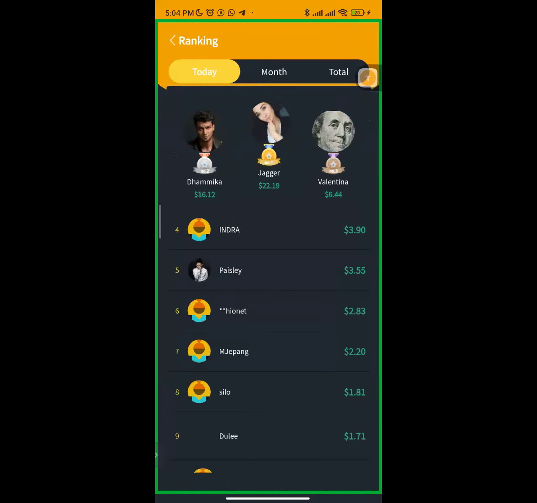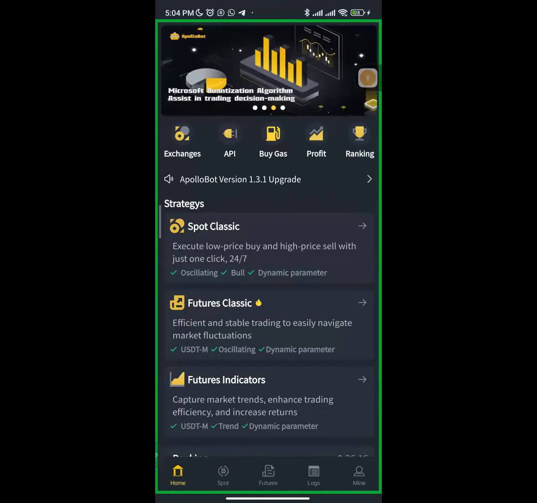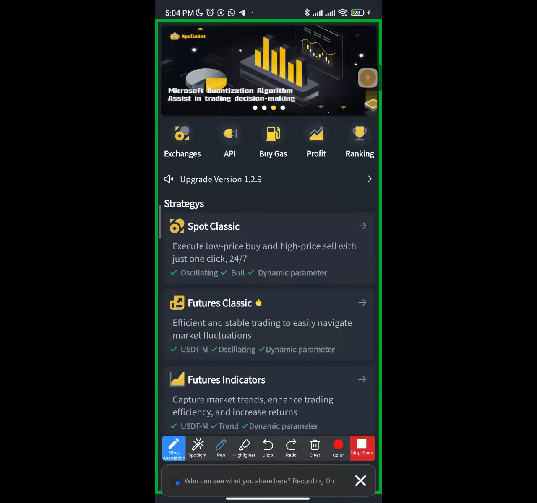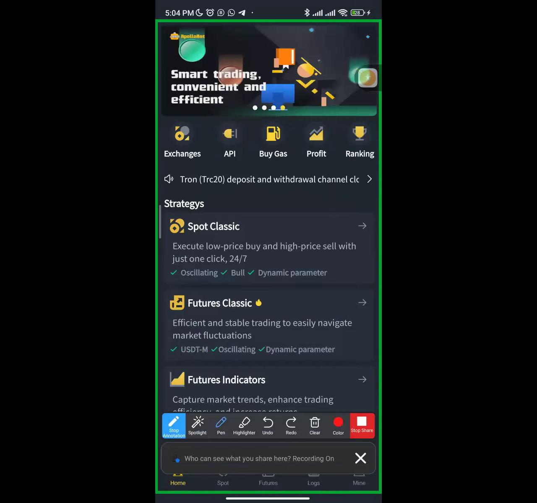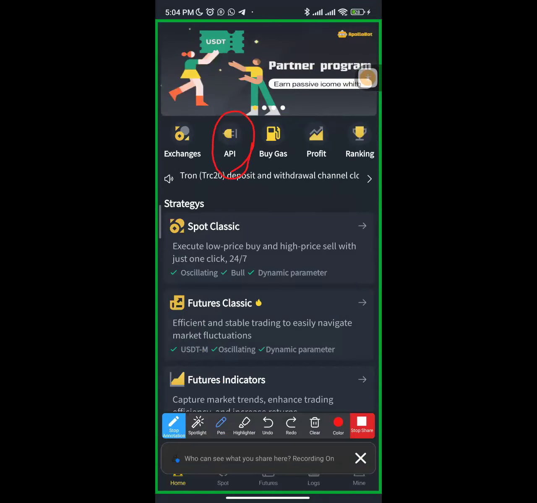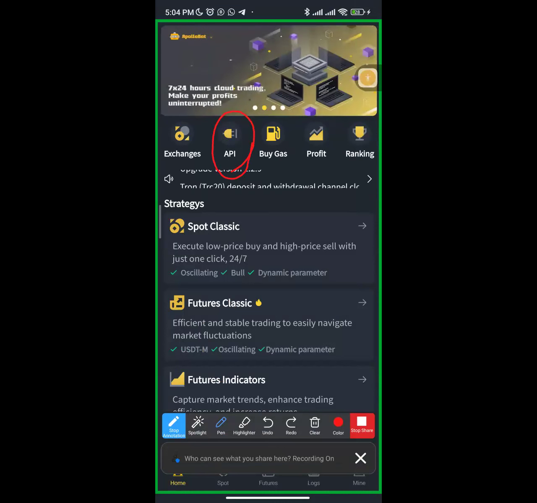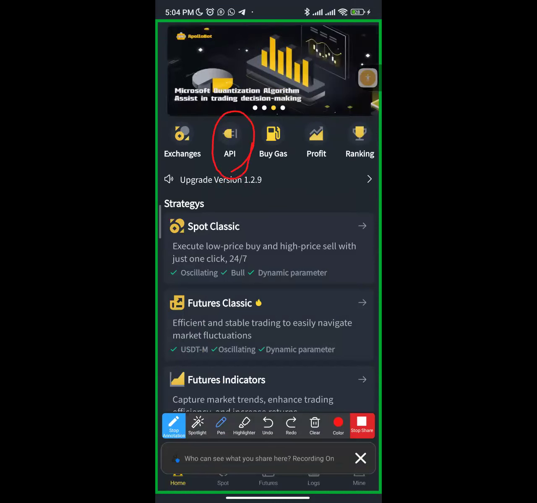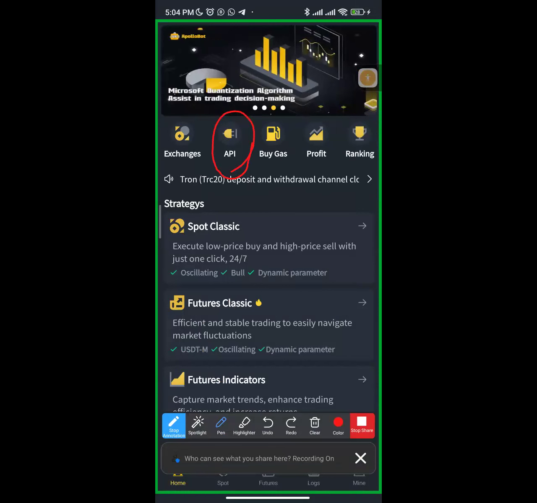You get the link, and the next thing, after downloading the Apollo app, you need to link using this here. That's the API, Application Programming Interface. The API is a special tool embedded in your exchange that enables your robots to come in as a third party and trade.